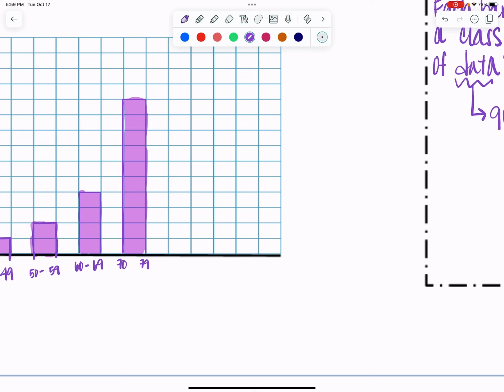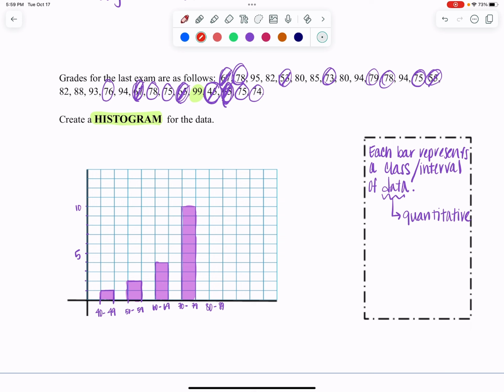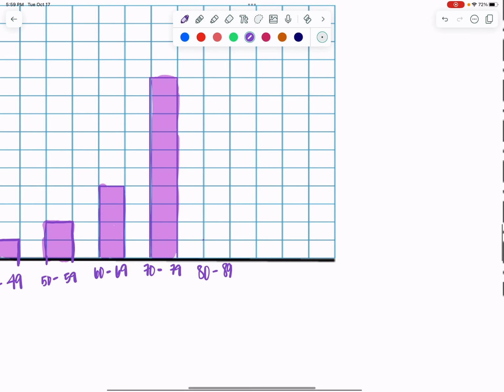Okay, then we'll do 80 to 89. So we'll go count these. I'm going to pick a different color. There's 1, 2, 3, 4, 5, 6, just 6.